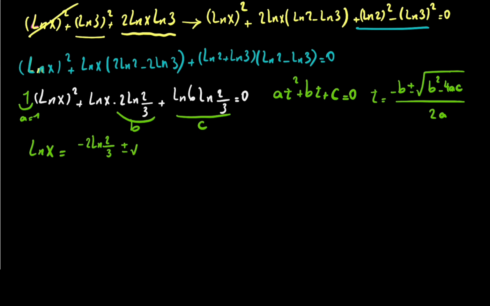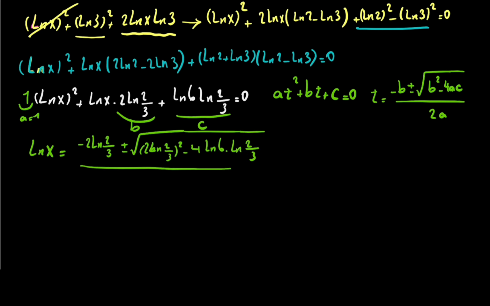and negative square root of b squared, so 2 ln 2 over 3 squared minus 4 times a, that's 1, times c, that's ln 6 times ln 2 over 3, divided by 2.